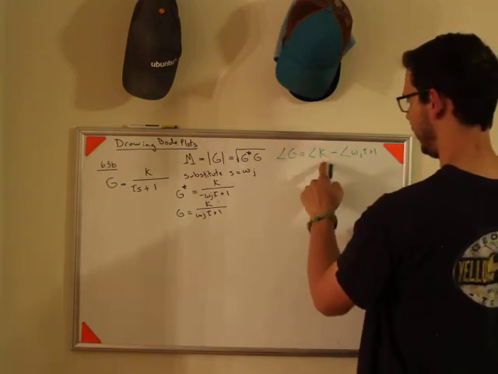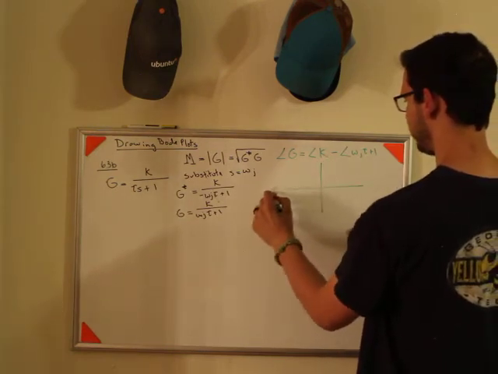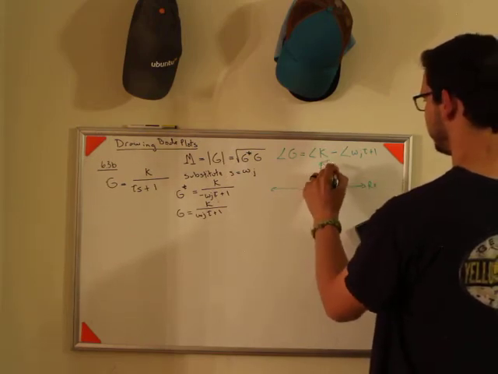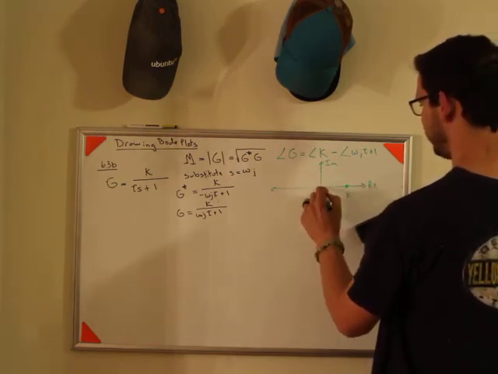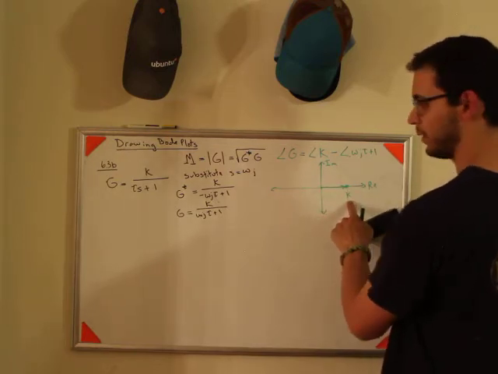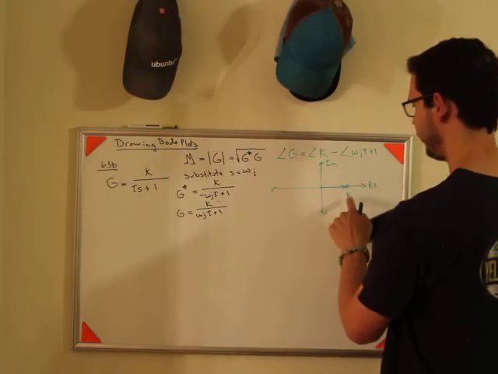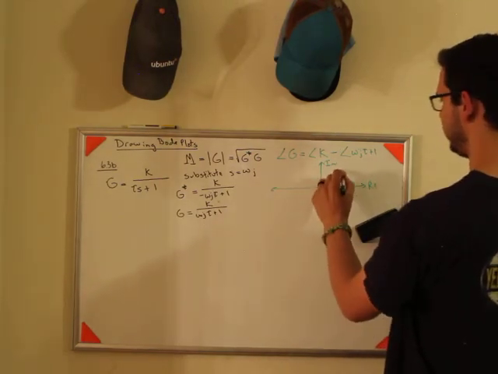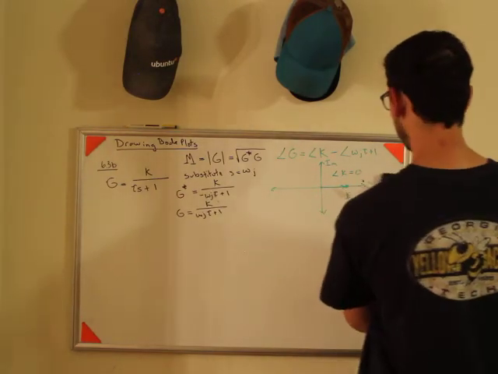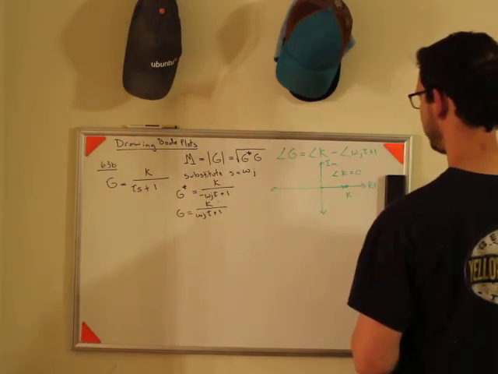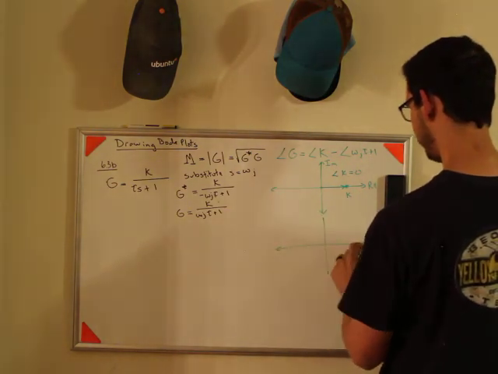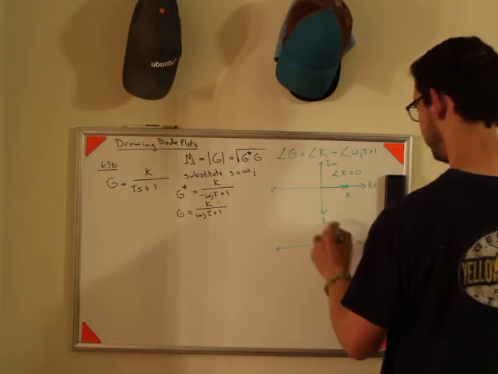And so let's look at k. So we have to draw this in the complex domain. So this is real and imaginary. Here's k. If I draw a vector from 0 to k, and k is a number and it's constant, the phase of k is always going to be 0. Cool? Let's look at omega j tau plus 1. Let's draw another diagram. Real and imaginary.